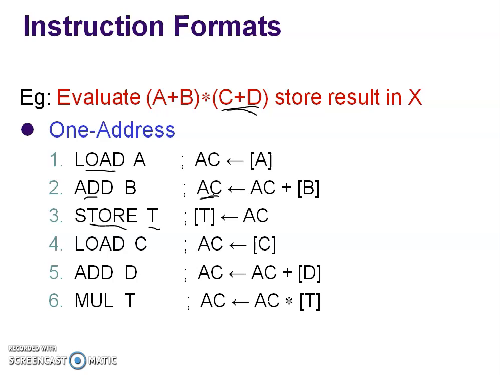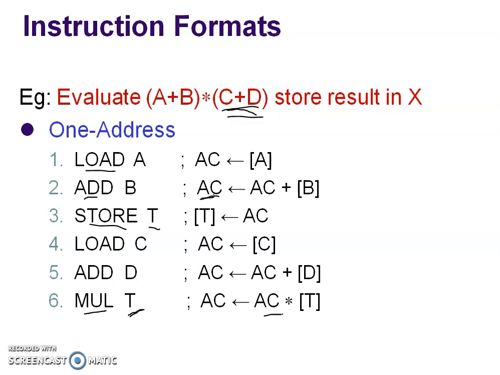Now mul T, which means that the current AC value has the second result obtained after performing the addition of C plus D, and the first result is present in the memory location T. So you can just give mul T, which means that T is one operand, and the current value from AC will be taken, perform the multiplication operation and give the result which is stored in the AC.